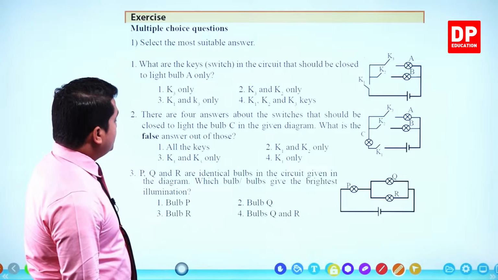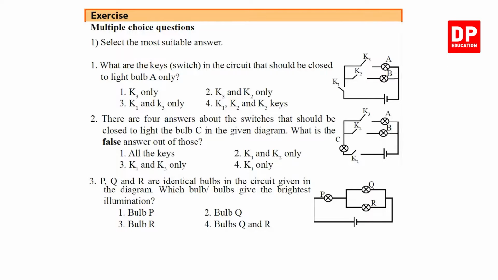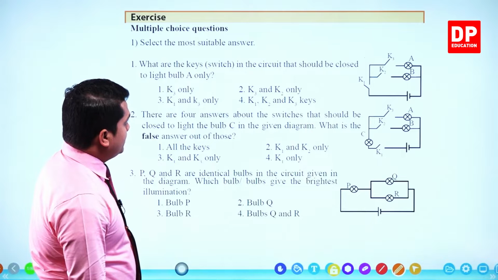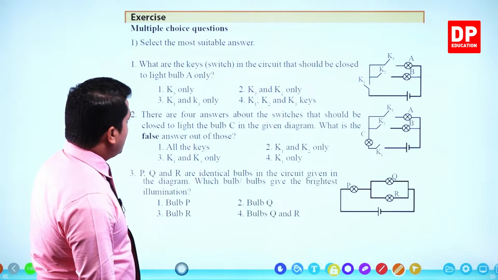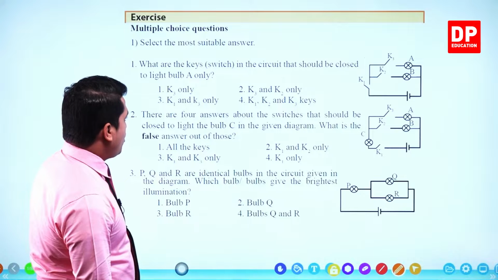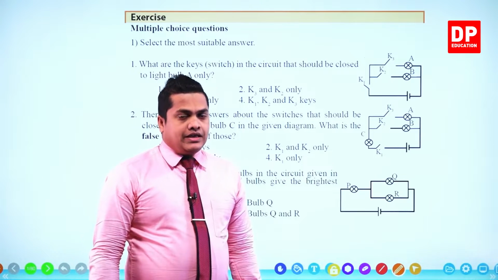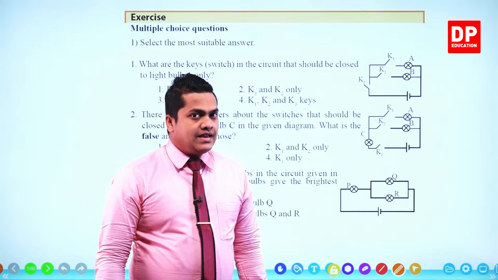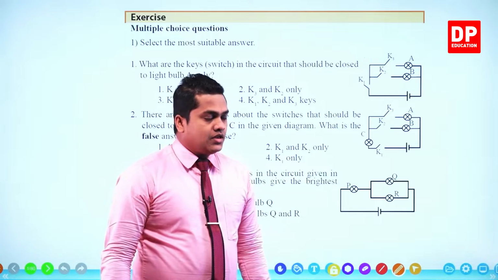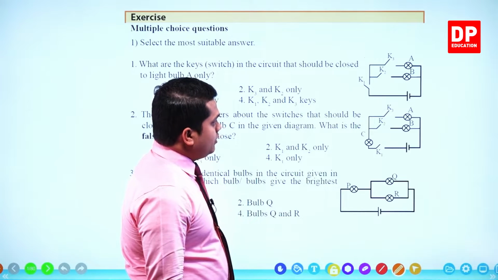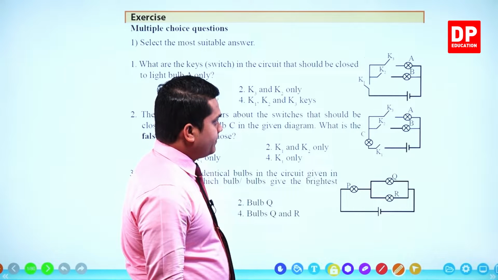The first question given: what are the keys or the switches in the circuit that should be closed to light bulb A only? To light up bulb A only, what are the switches that need to be closed? First of all, look at the circuit very well.